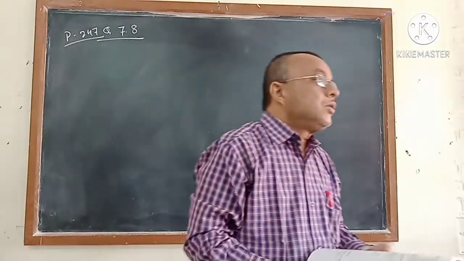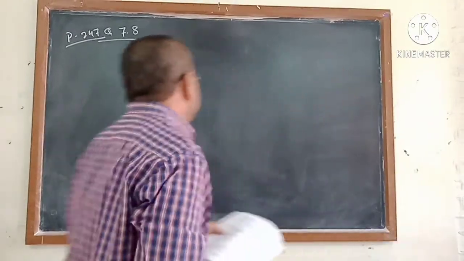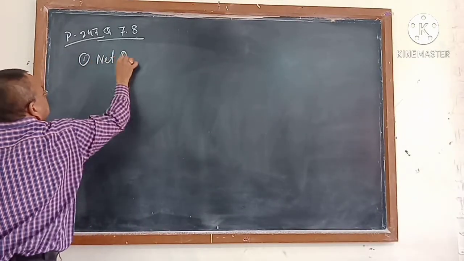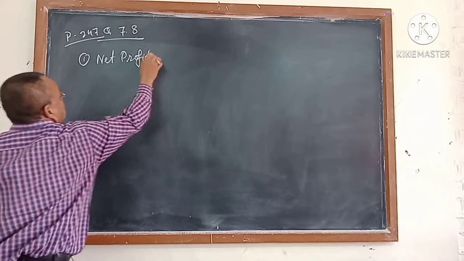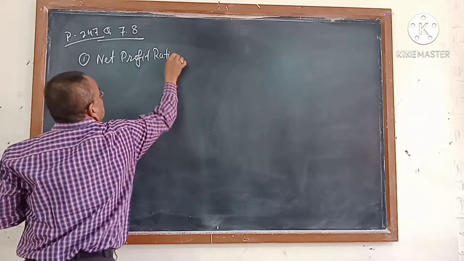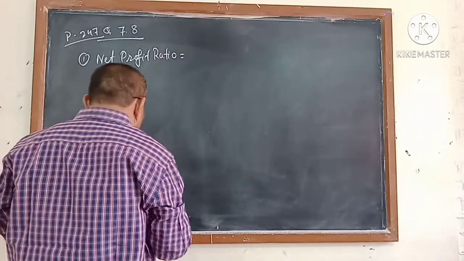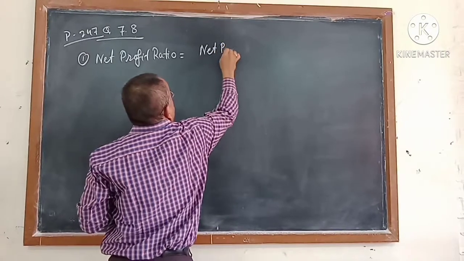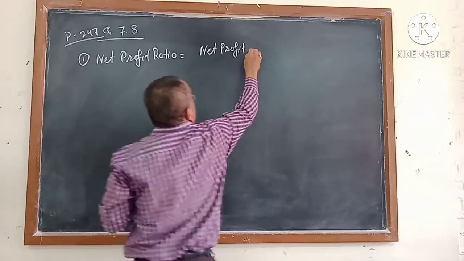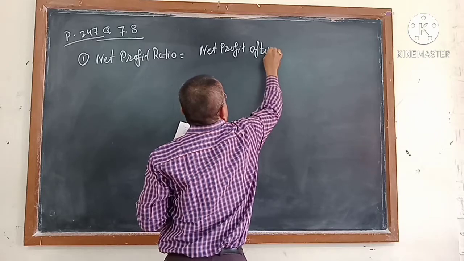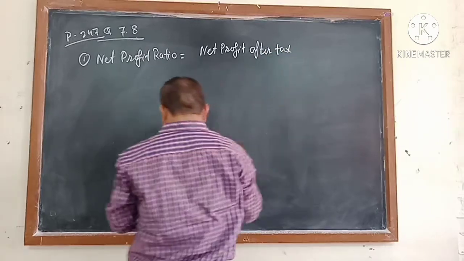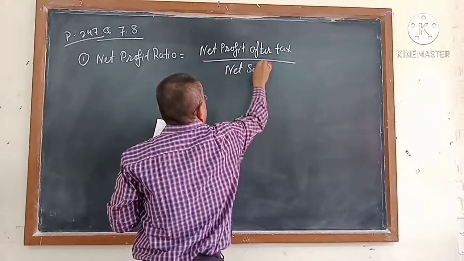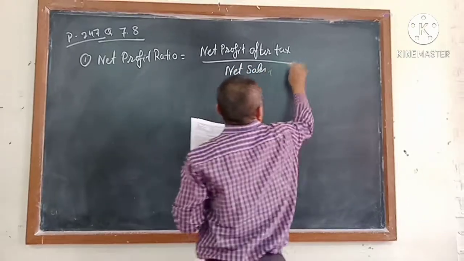First step, you have to write the formula. So the formula is: net profit ratio is equal to net profit after tax by net sales into 100.